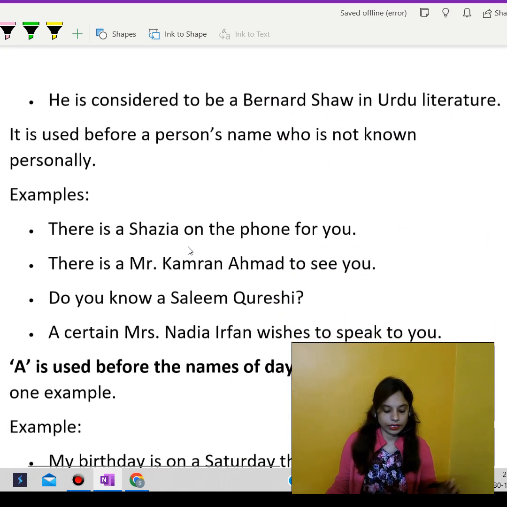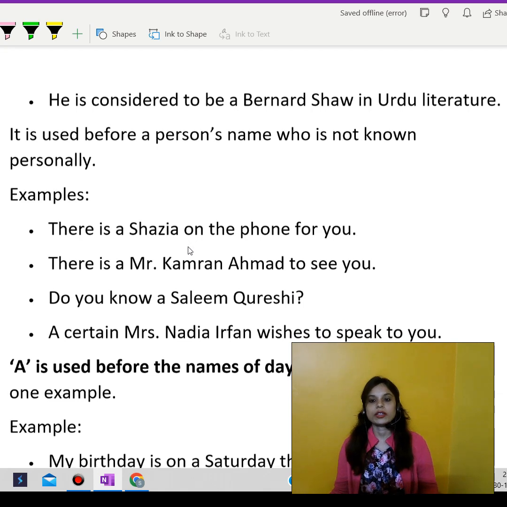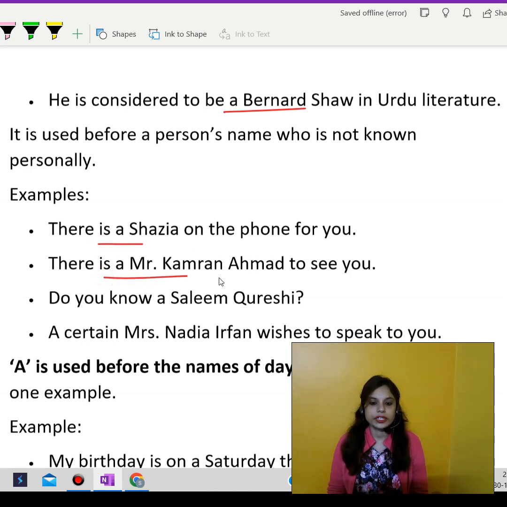So, if you go on practicing, you will better understand when to put a, when to put an, and when to put the. Okay, it only requires continuous practice. He is considered to be a Bernard Shaw in Urdu literature. A Bernard Shaw. There is a Sazia on the phone for you. There is a Mr. Kamran Ahmed to see you.